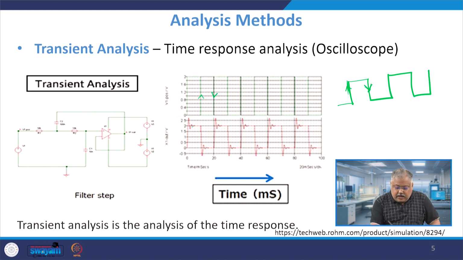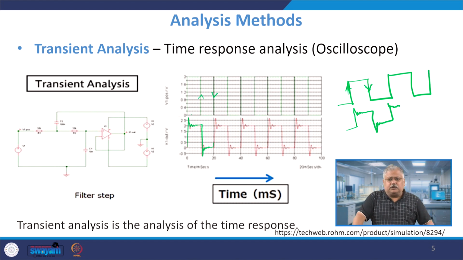As you can see, as it goes high suddenly, the output voltage goes to a very high value, there is a sort of ringing phenomenon, and then it again goes down to the bottom, and then there is a ringing phenomenon, and so on and so forth. Basically that is what is happening here. This is the reason why there is a ringing phenomenon.